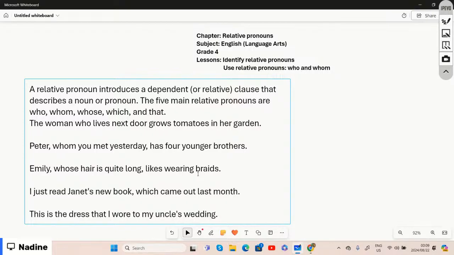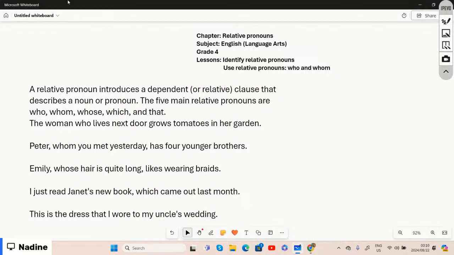All right. So now, before we go and look at the examples, or more like before we break down our main relative pronouns, once again, firstly, a pronoun takes the place of a noun.